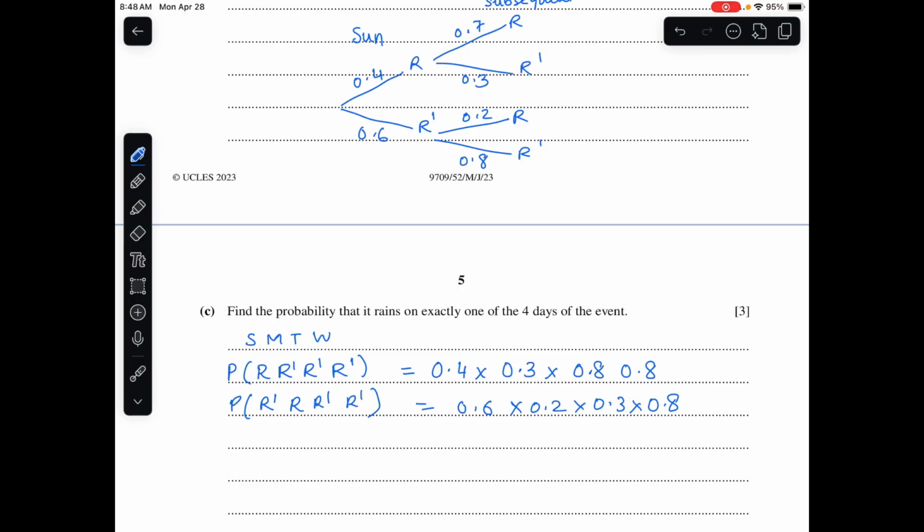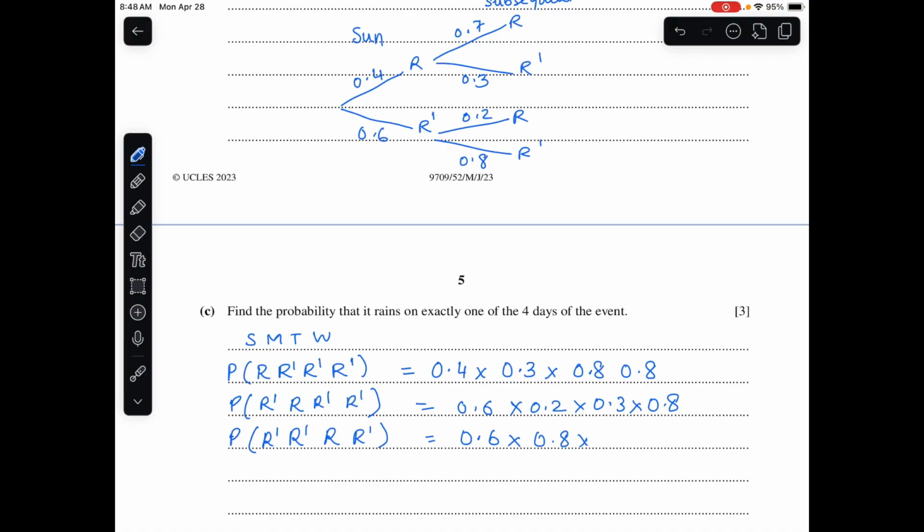All right, then let's look at the next one. Doesn't rain on Sunday, doesn't rain on Monday, it rains on Tuesday, and doesn't rain on Wednesday. So the first day not raining is going to be 0.6. Next day not raining, so the previous day also didn't rain, so again 0.8.